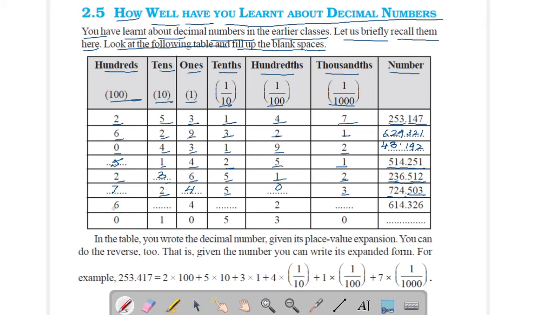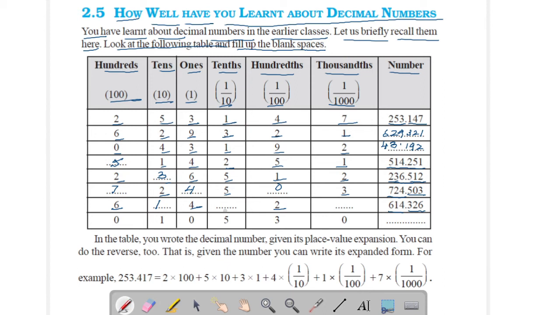Now come to next. It is 6 dash 4 dash 2 dash, and the given number is 614.236. Here first blank is tens. What is tens in the given number? It is 1. Here write down 1.